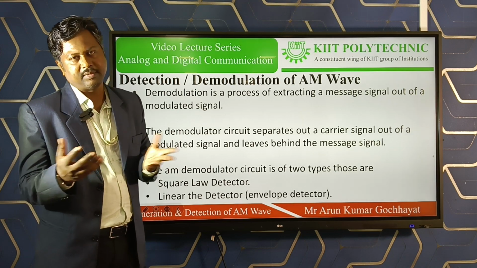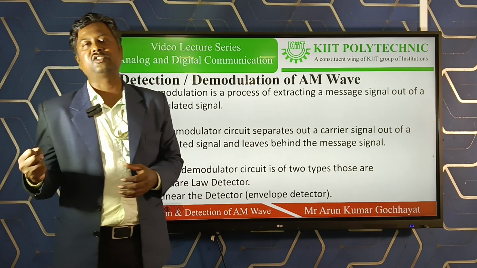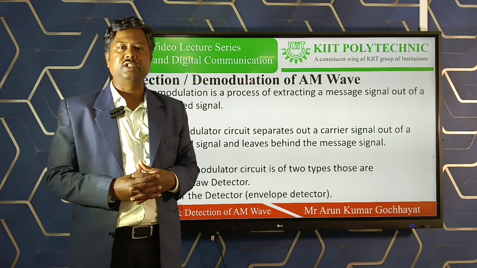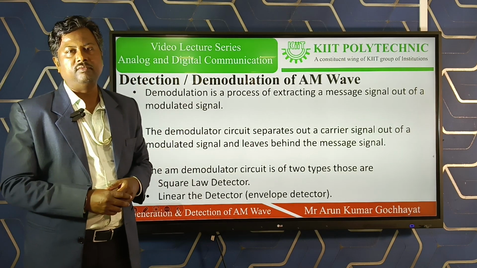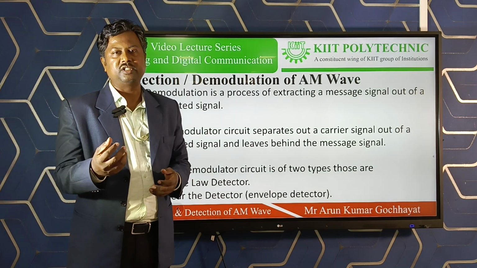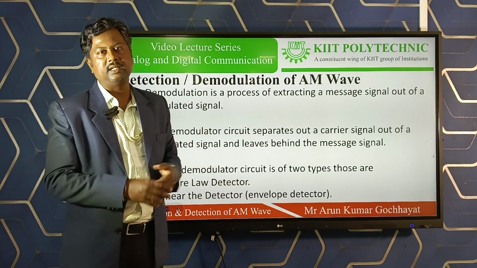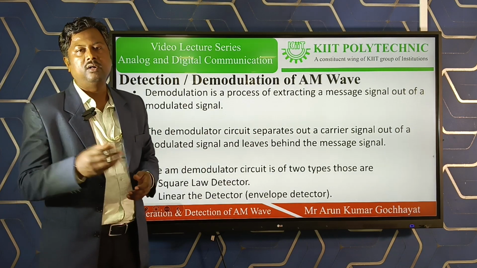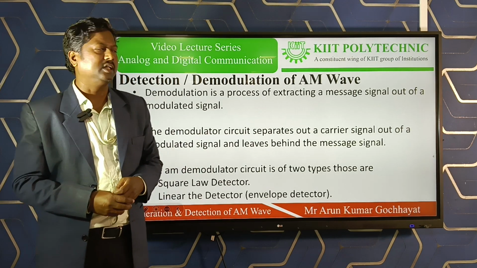So as far as detection of the AM wave is concerned, detection of the message signal, as you know, is the extraction of the message signal out of the modulated signal. So there are two types of detection or demodulation: extraction of the message signal out of a low level modulated signal, or a high level modulated signal.